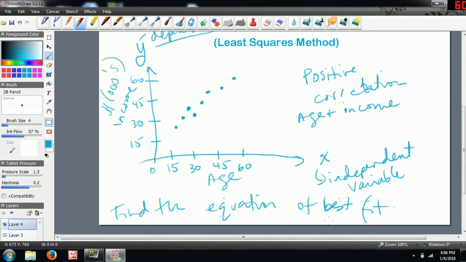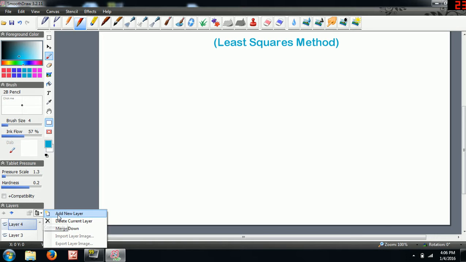It could be a table like this, it could be a graph like this, or it could be a table of values. So what we're going to do is actually look at our table.